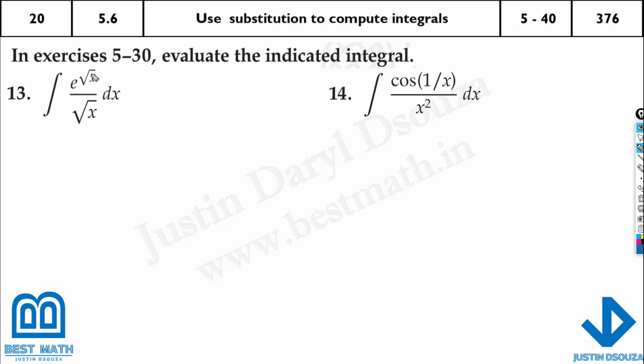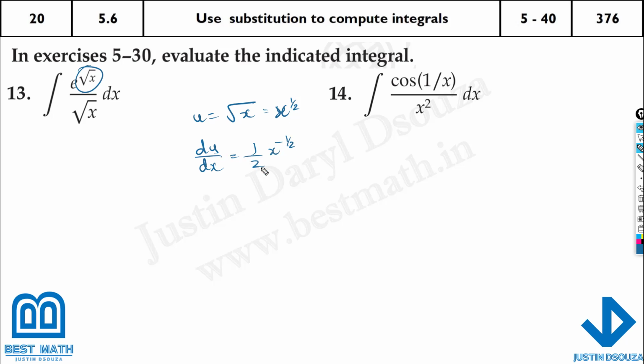I can see that if I take u as square root x, now when we differentiate, du by dx is x to the power half differentiated. Whatever is there, the half comes down, and it's raised to minus half, because when you subtract 1 it will be negative half.